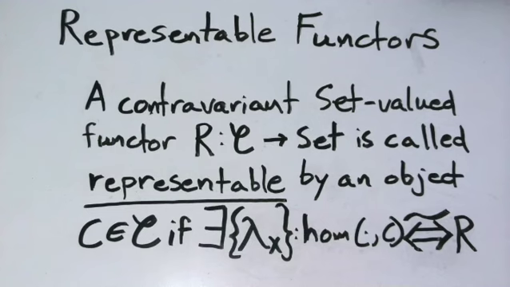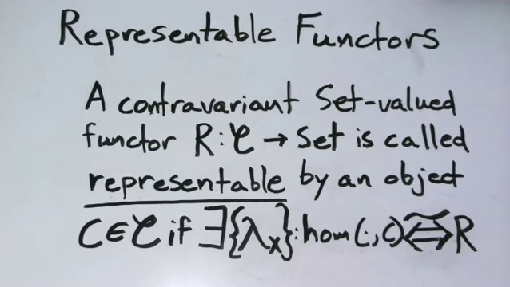So what that means is that R may be some very complex or very obscure transformation that maybe we don't understand a lot about, but if we can somehow reduce it to saying that we know that it's representable, then we're basically saying that it's naturally isomorphic to this contravariant home functor.